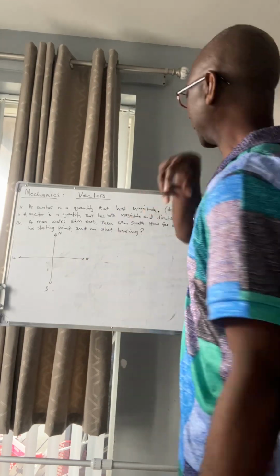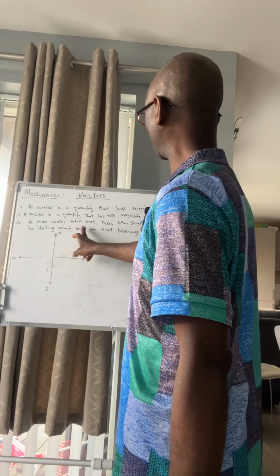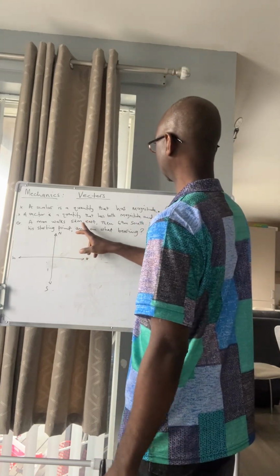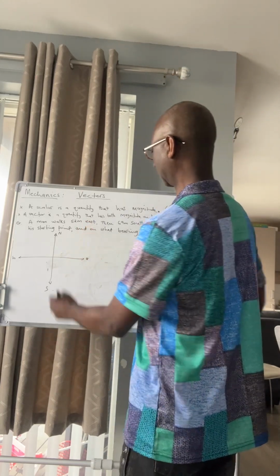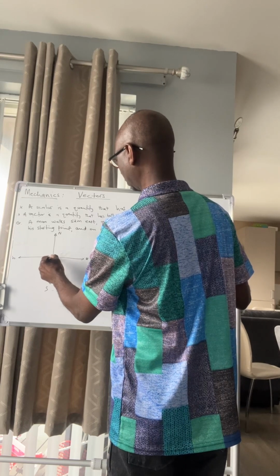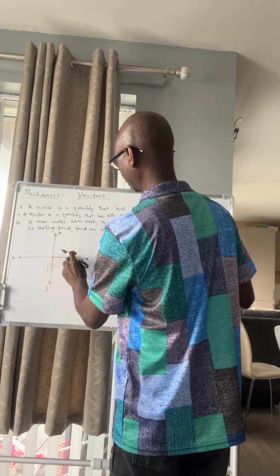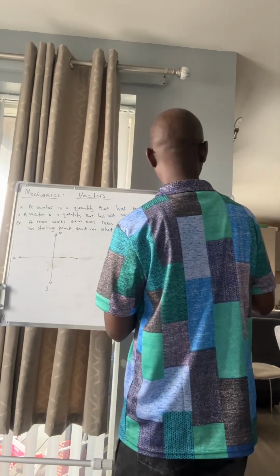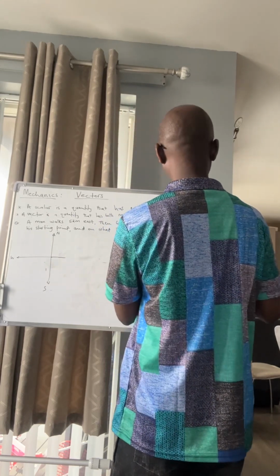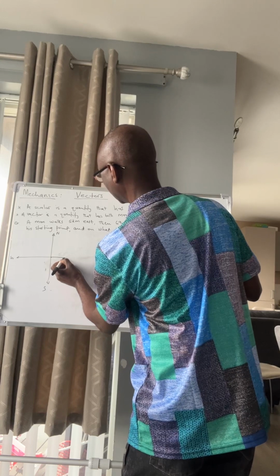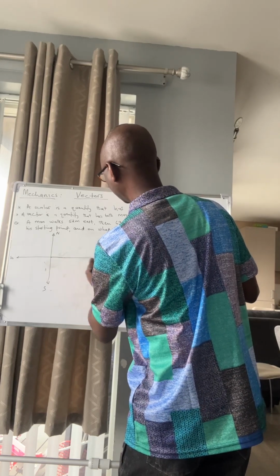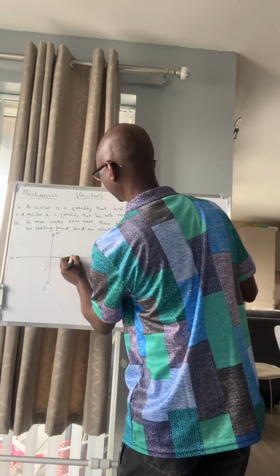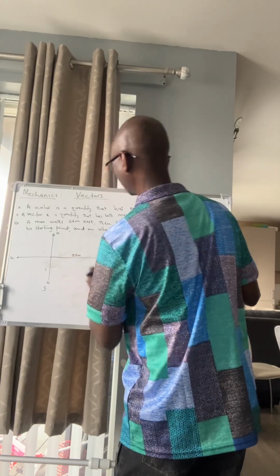So in this problem, we are told a man walks 52 meters east. So he was coming in this direction. 52 meters here. East.